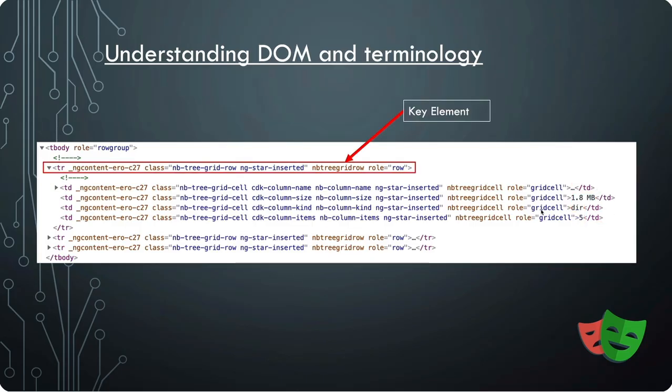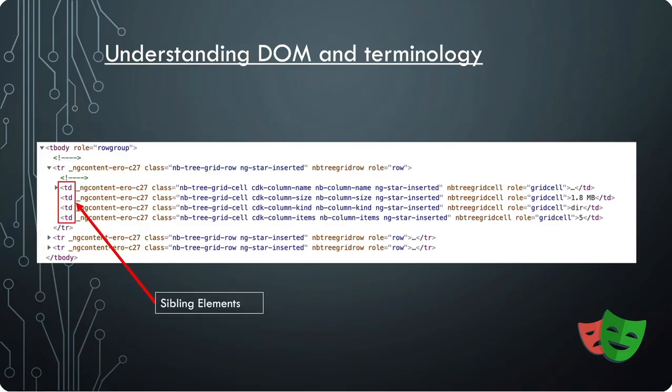Also, let's talk about the relations between the web elements. Let's assume that this table row is our key element or anchor element that we want to use. Then all elements that are located above this element will be considered parent elements. And all elements that are located below this element, shifted a little bit to the right from the element above, are considered child elements in relation to our key element, or anchor element.